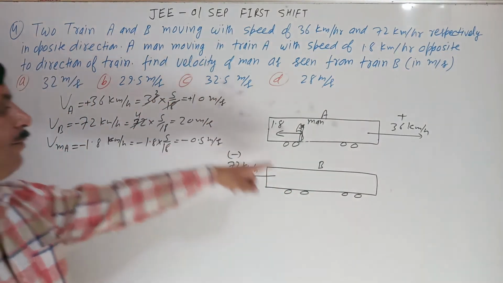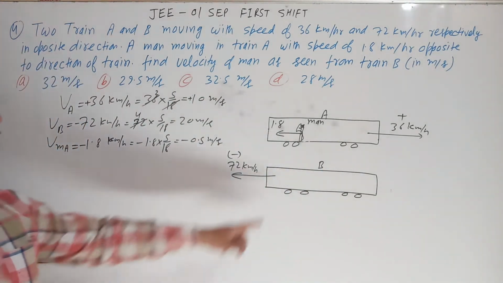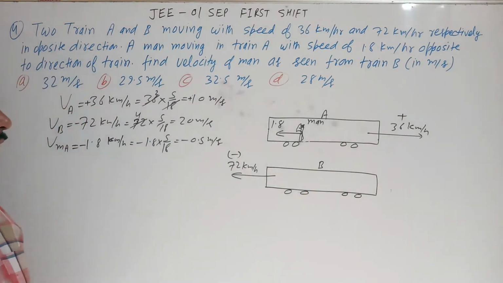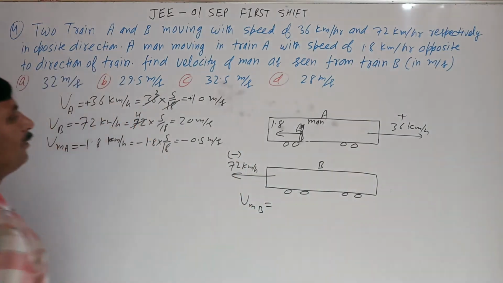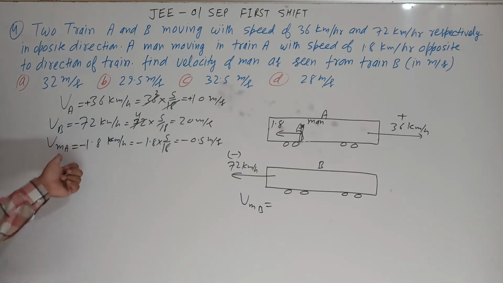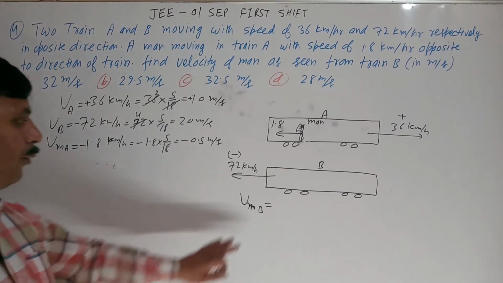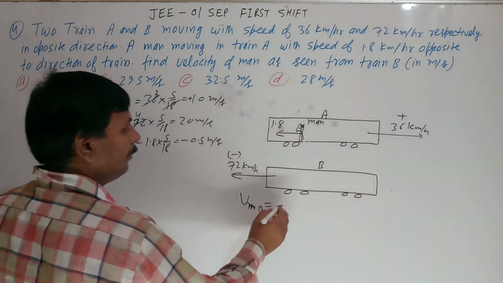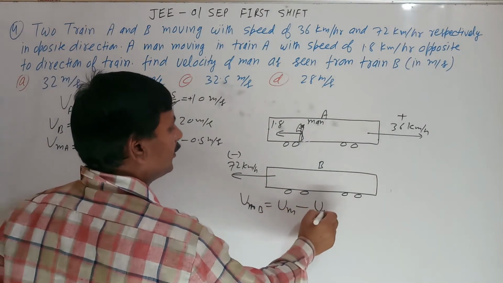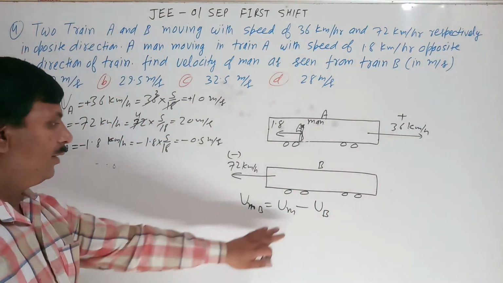We have to find the velocity of the man with respect to train B. How can we find it? The velocity of the man with respect to A is given, so the velocity of the man with respect to B is the velocity of the man minus the velocity of train B. This we have to find.